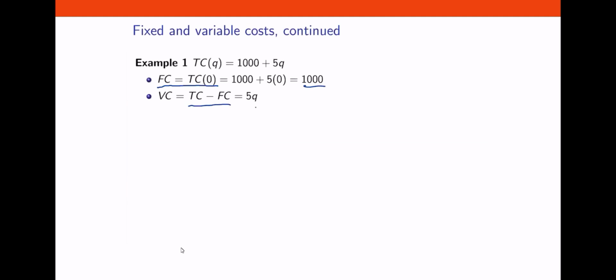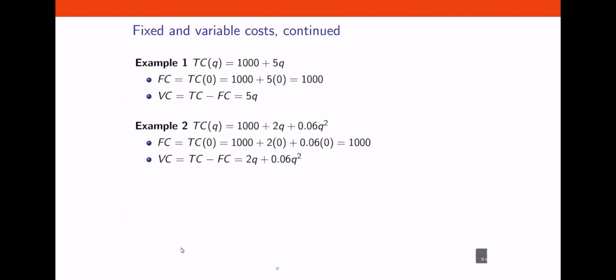So this is fairly straightforward. Example 2. The total cost is 1,000 plus 2Q plus 0.06Q squared. When I put Q equal to 0, I get 1,000. So the variable cost is the total minus the fixed cost, which is this expression here.